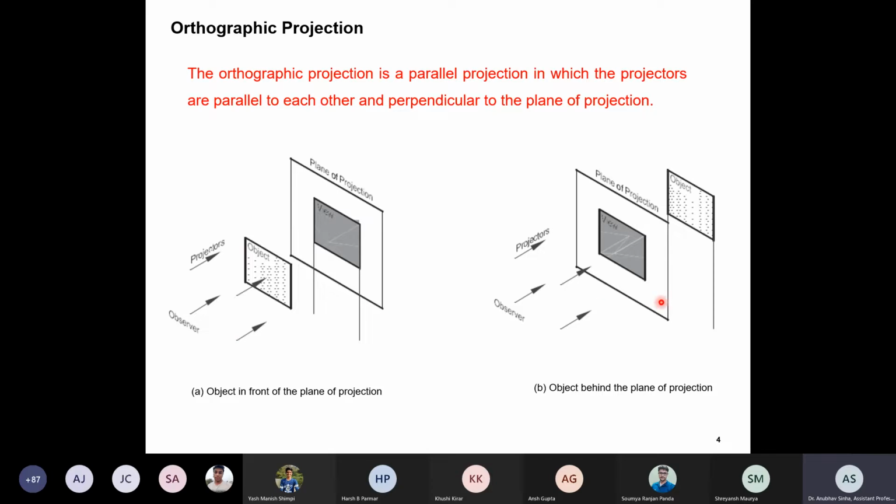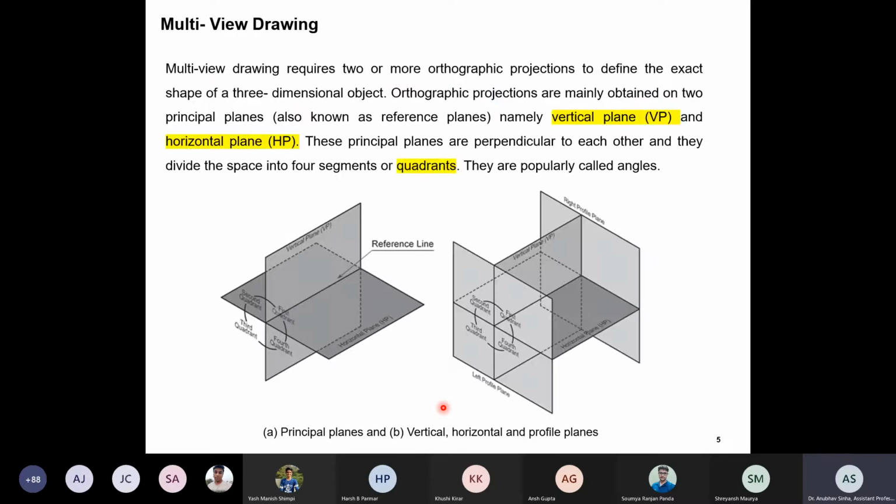Here, the plane of projection is in between the observer and the object. Let us say this is a transparent film, and the object is getting projected here, and that is what is being observed by the observer. That is the basic idea of orthographic projection. Let us look at some examples which will make it more clear.